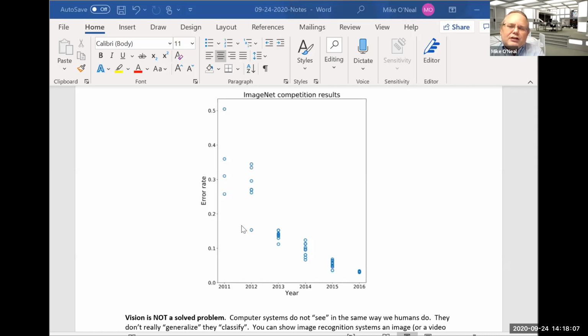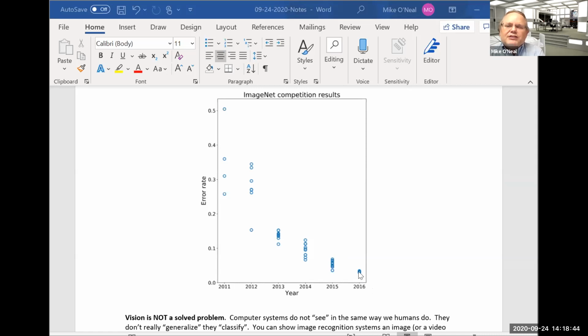Well, if you look at this cluster here in 2012, these are the programs that were using the old statistical methods. And here's AlexNet down here, way better than the best, down here around 15%. And then you look what happened over the next 4 or 5 years, right? In 2013, 2014, 2015, and then by 2016, 4 years ago, essentially every program in the competition, it was like 28 out of 30 or something like that, was getting about a 5% error rate.